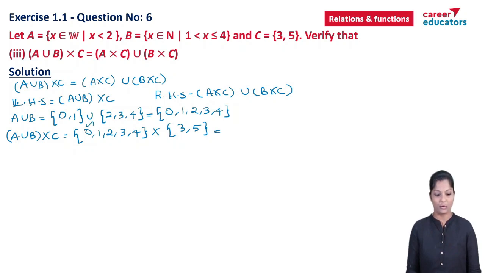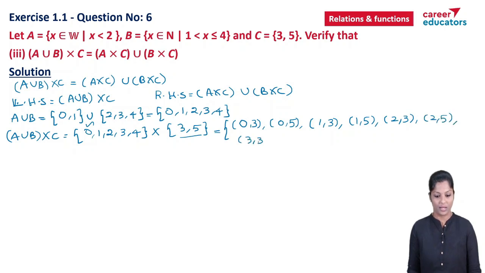Take the first element of A union B and pair with all the elements of C. We will get (0, 3), (0, 5). Likewise, we have to do it for the remaining elements of A union B. We will get (1, 3), (1, 5), (2, 3), (2, 5), (3, 3), (3, 5), (4, 3) and (4, 5).